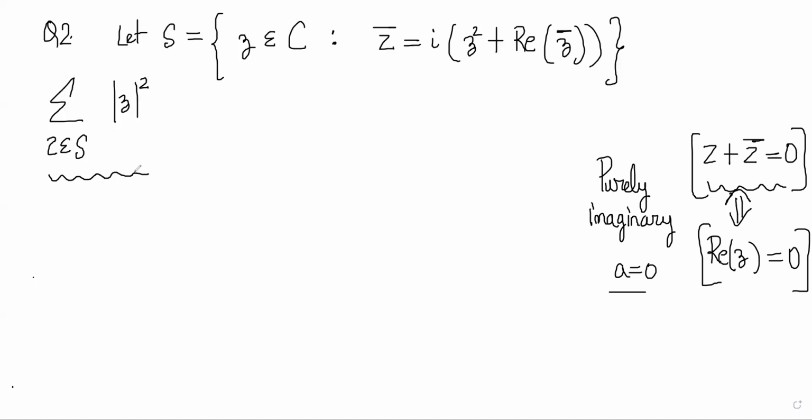Yes, sir. Final answer is not 3 by 2. Sir, I think there are three elements. One I got 0, another one I got I, and another one I got minus half plus half I. You have made a mistake in the third element. Oh, 0 and I are correct, but after that it's wrong.